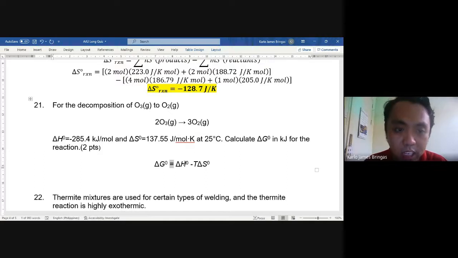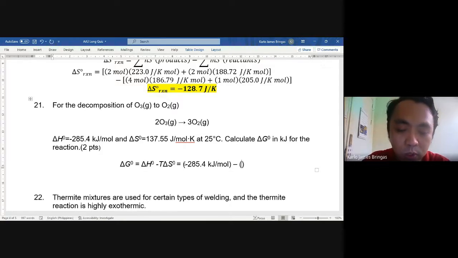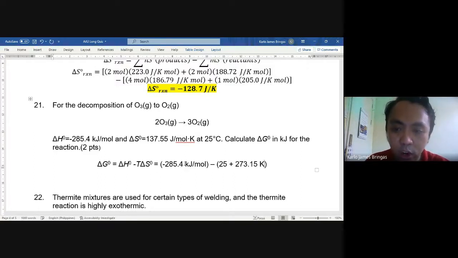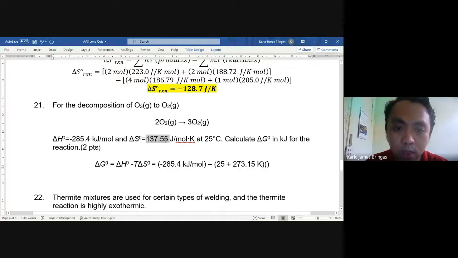Delta H is given to be equal to negative 285.4 kilojoule per mole minus the temperature. We still need to convert muna the degree Celsius into Kelvin. To do that, we just add 273.15 to turn it into Kelvin, times the entropy change, which is 137.55 joule per mole K.